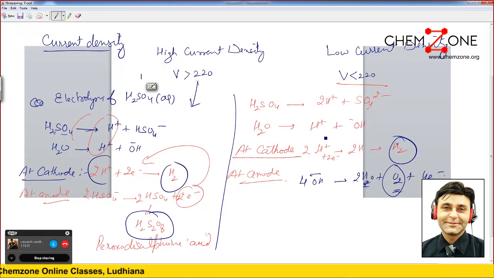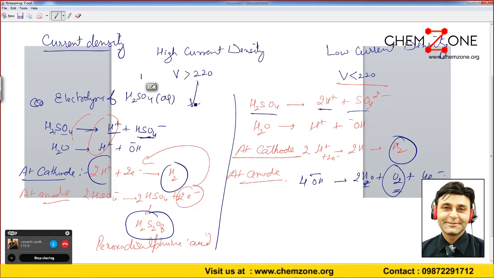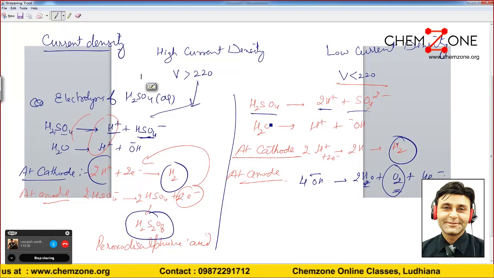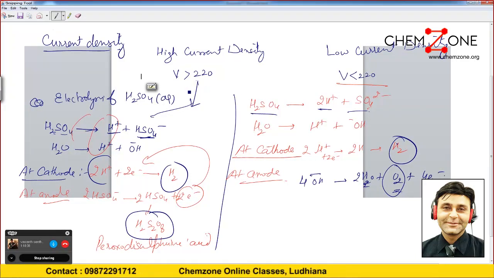You can see that this is completely dissociated here, but here we have HSO4 and H positive ion. At a high current density and a low current density, the dissociation is different. In case of the high current density, it is not completely dissociated.